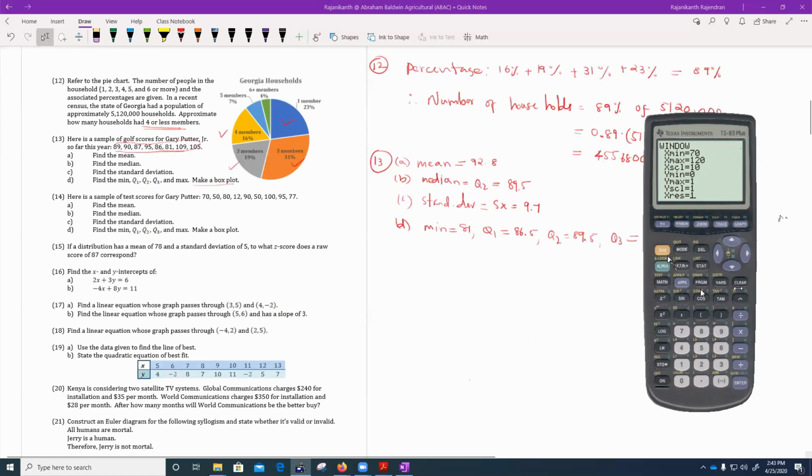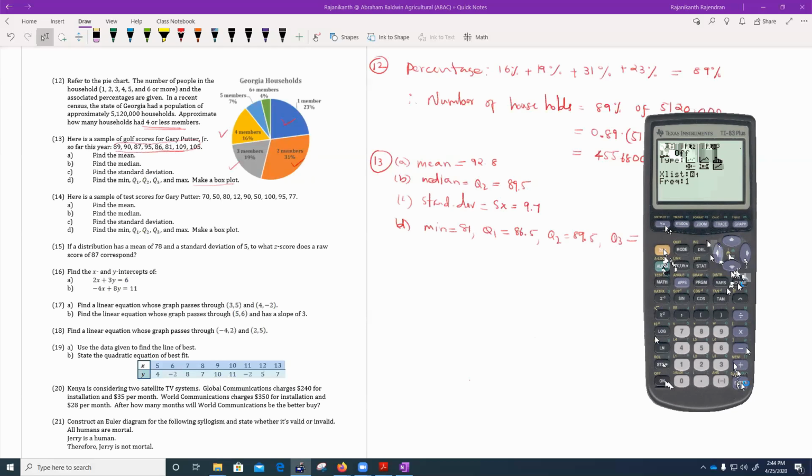After setting the window, quit from these numbers. Now you need to go to stat plot, and number one.